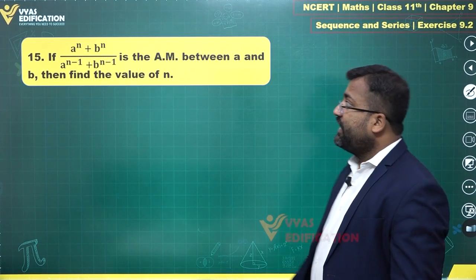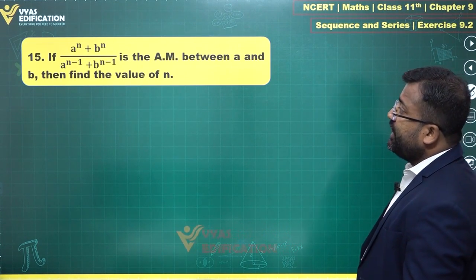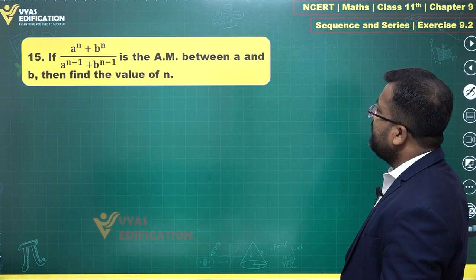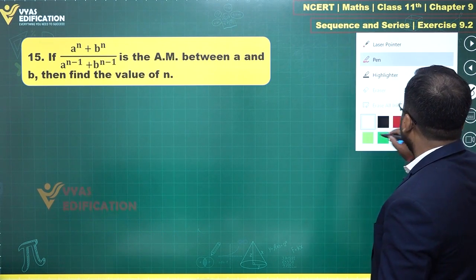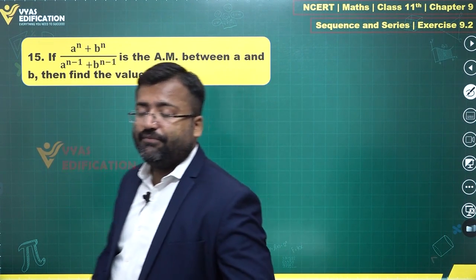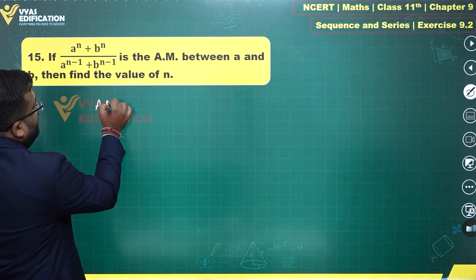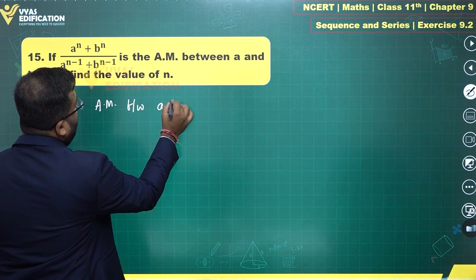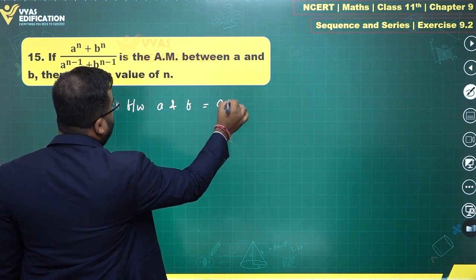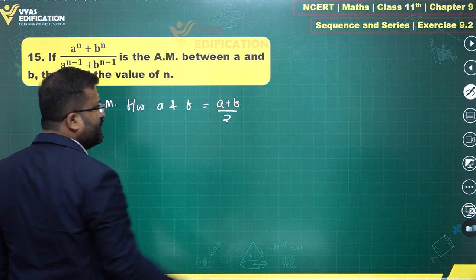In the 15th question, we are given that (a^n + b^n)/(a^(n-1) + b^(n-1)) is the arithmetic mean between a and b, then find the value of n. Arithmetic mean between a and b is equal to (a + b)/2. That is something which we know, right?